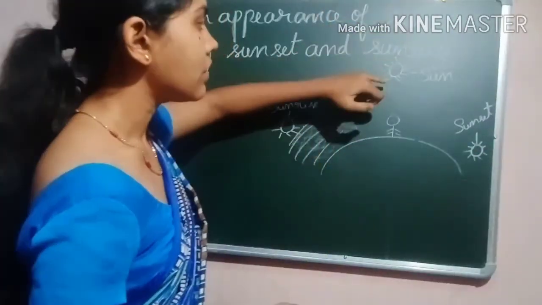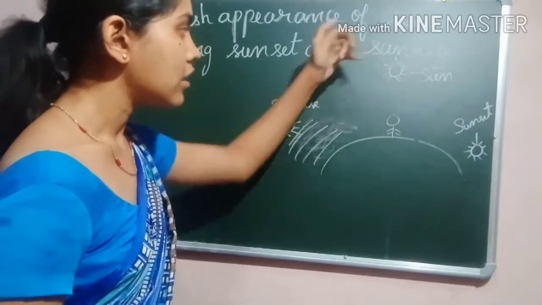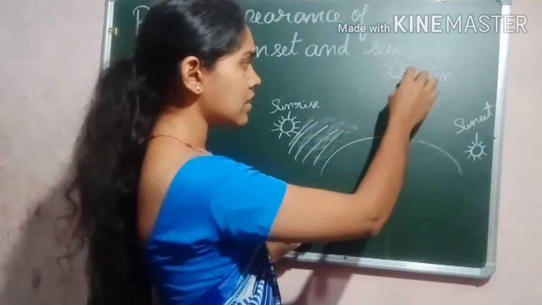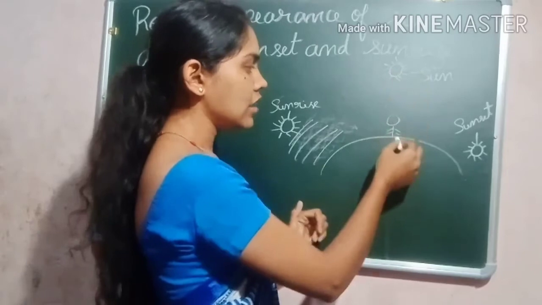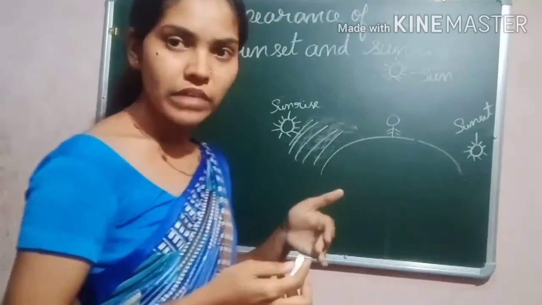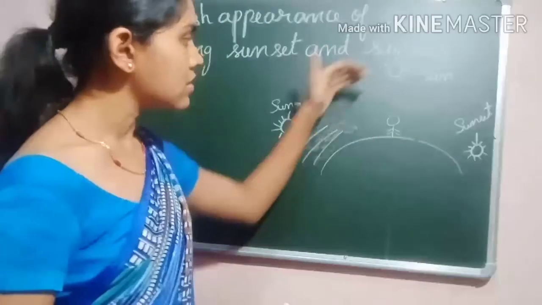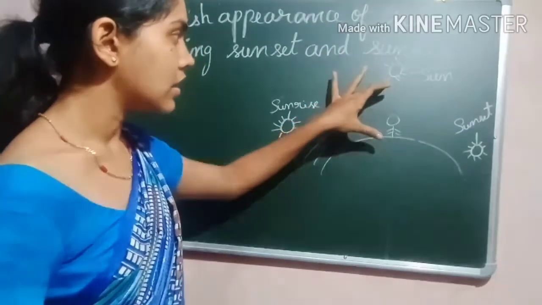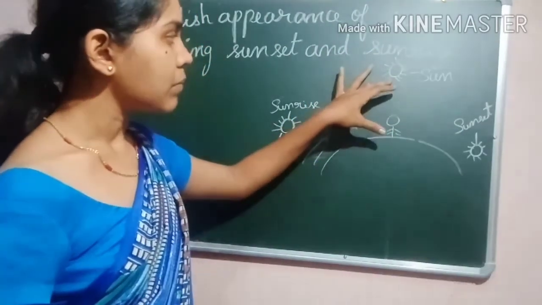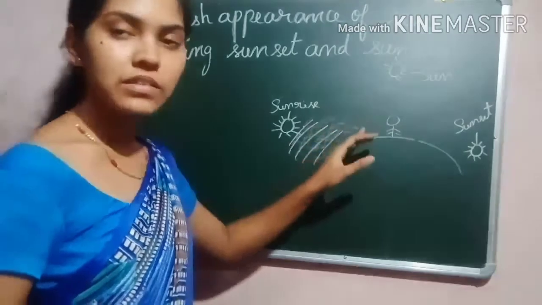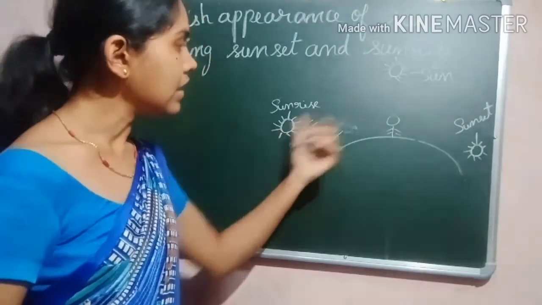And in the case of noon, the distance from the sunlight to the observer is relatively small. Compared to sunrise, the distance between the light coming from the sun and the observer is very small.